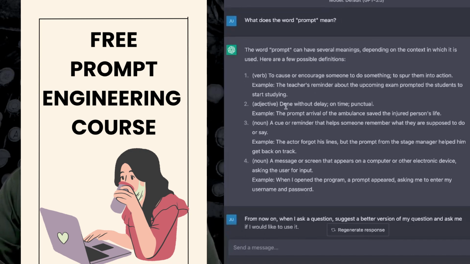The second thing it says is it's an adjective. It's done without delay, on time. And this is an important thing to think about with large language models. We're prompting them right now, do this. But this is also a useful point of discussion because a prompt doesn't necessarily, depending on how you work with it, have to be something that happens right now. Prompts can have time associated with them.